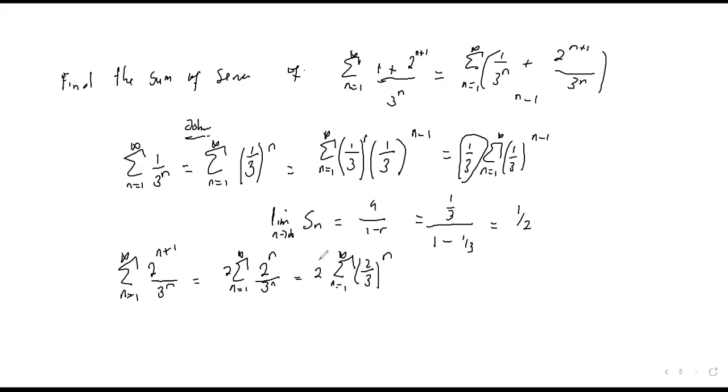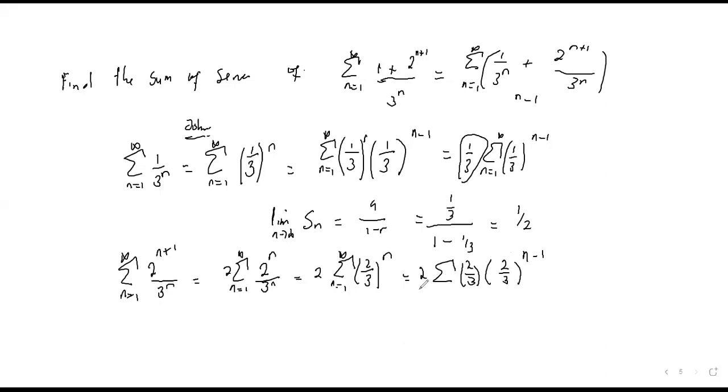Then again, we want to force it to the geometric series. So how do we force it to the geometric series? Well, this 2 is outside. Then we get the 2/3 here evaluated, and then the remaining 2/3 is going to be raised as n minus 1, because if we add, we get that.